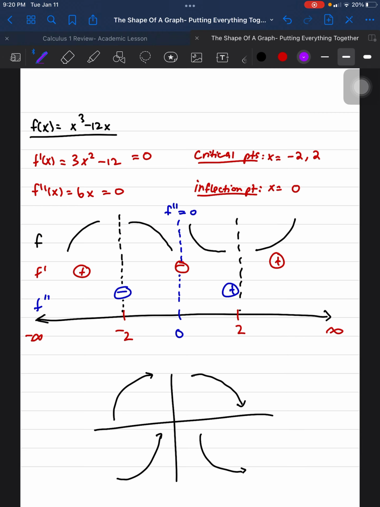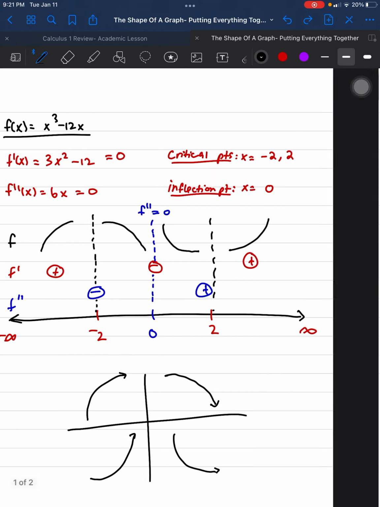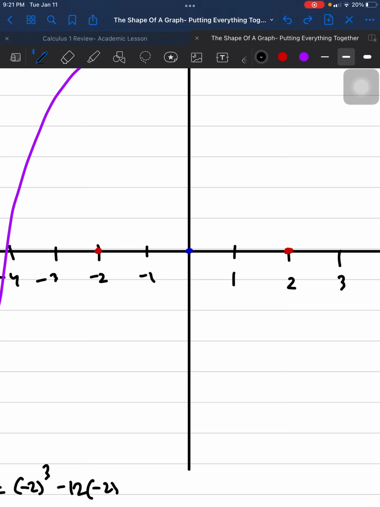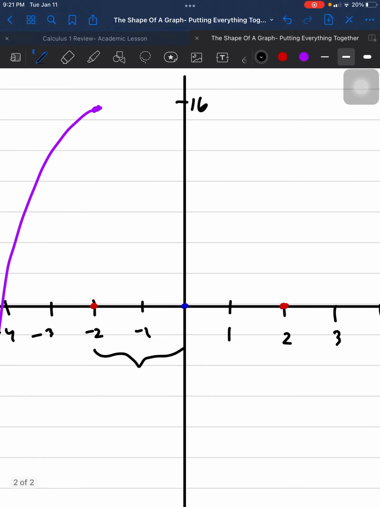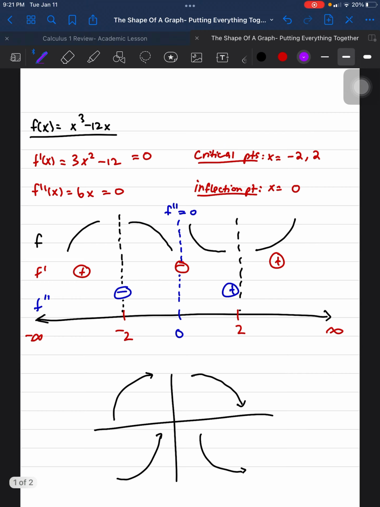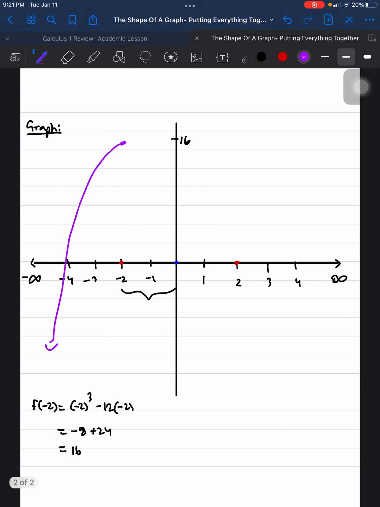The next subregion is in between -2 and 0, and this is where the concavity will be changing as well. We're going to start from where we ended. We determined that in between -2 and 0, the function is concave down and decreasing.